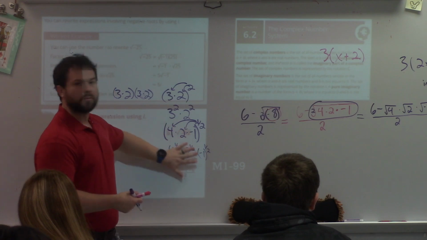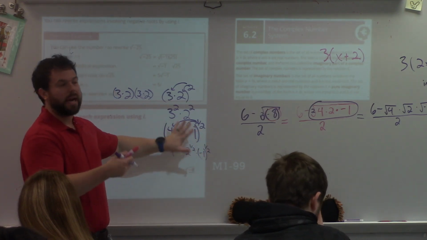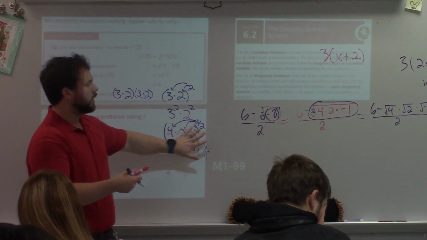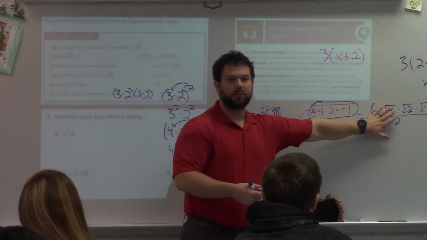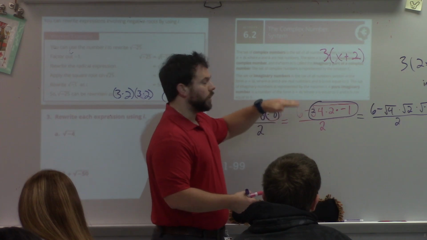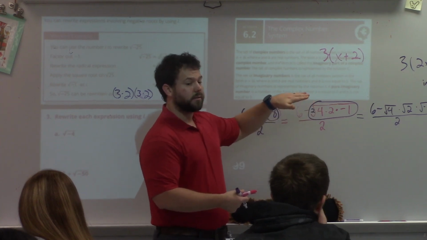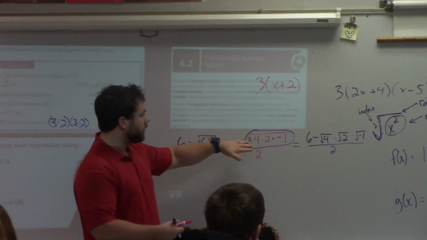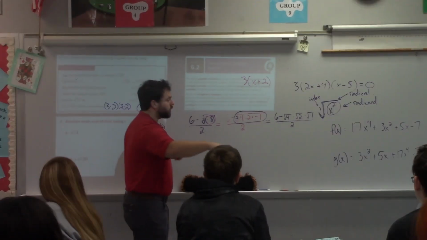Each factor has its own root. That's why this happens. So we need to make a note about this, because I clearly talked about this. It's in the book there.